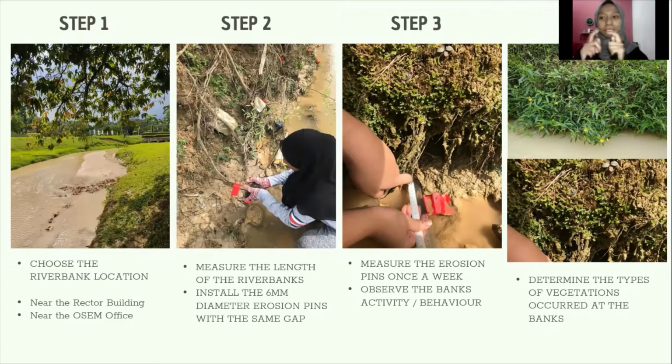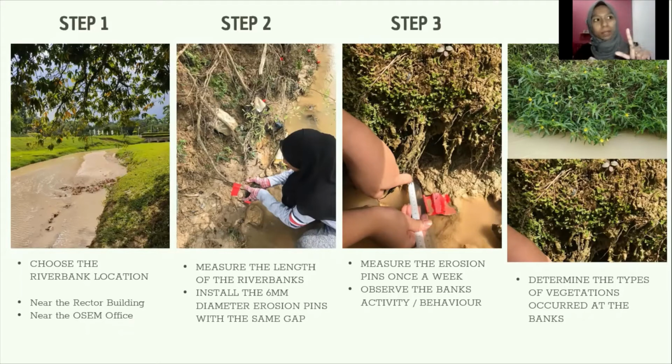So two locations have been chosen, and for each section I measure the length of the riverbank in order to install 6 millimeter diameter erosion pins with the same gap. Horizontally, the gap between erosion pins is approximately 1 meter, and vertically it depends on the height of the riverbank itself.